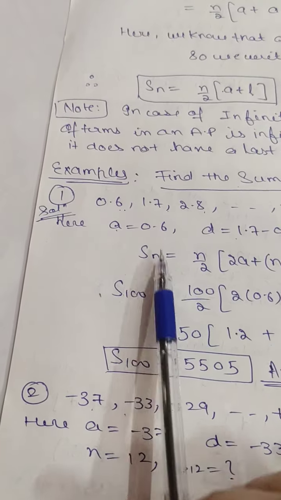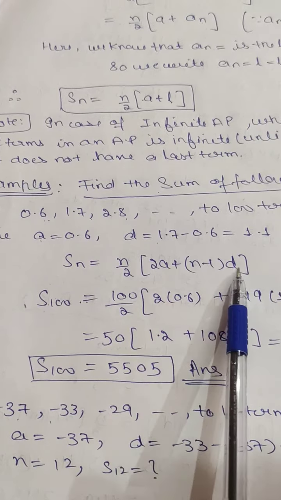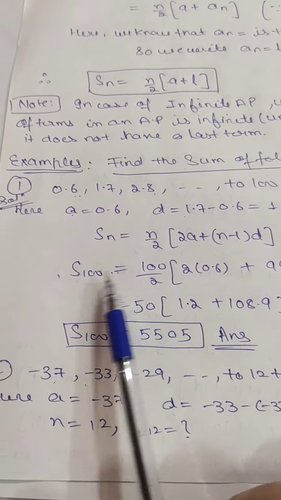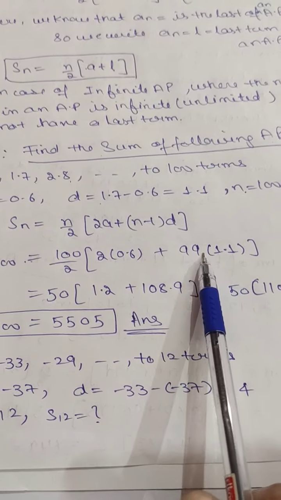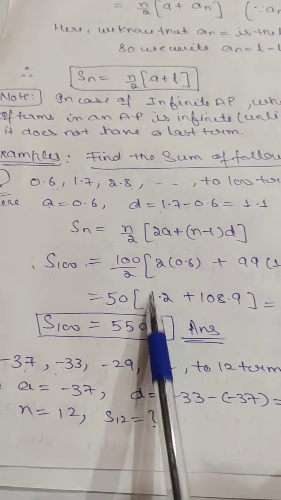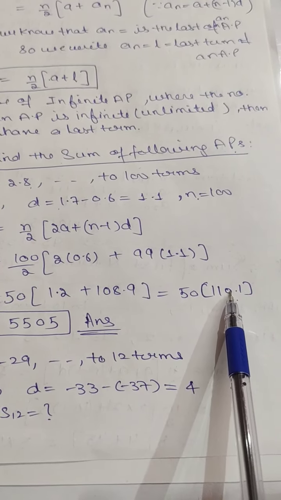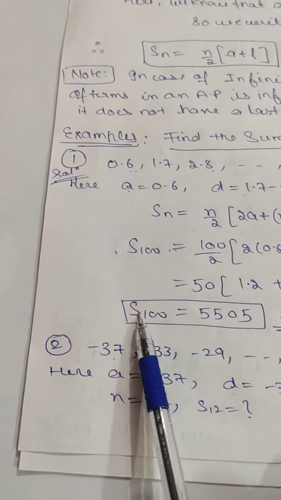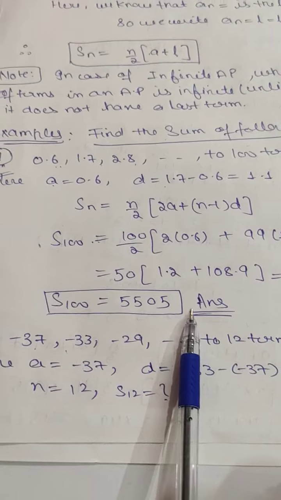So we can easily calculate the sum of 100 terms, which is given by n by 2 into 2a plus n minus 1 into d. Put the values: S100 is equal to 100 by 2 into 2 into 0.6 plus 99 into 1.1. We will get 50 into 1.2 plus 108.9, which is equal to 50 into 110.1, and the sum of the 100 terms is equal to 5505.